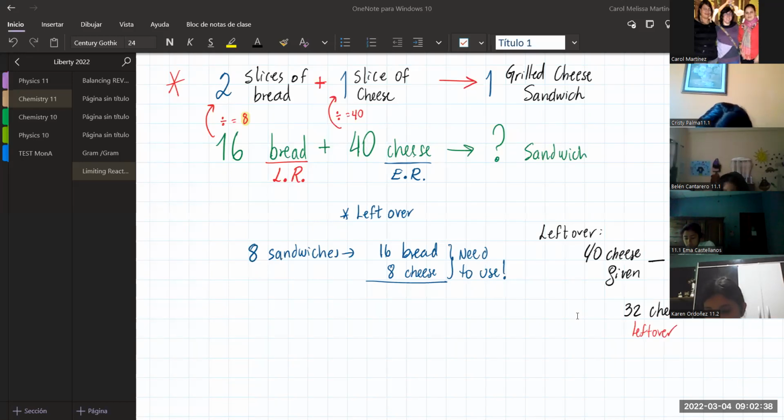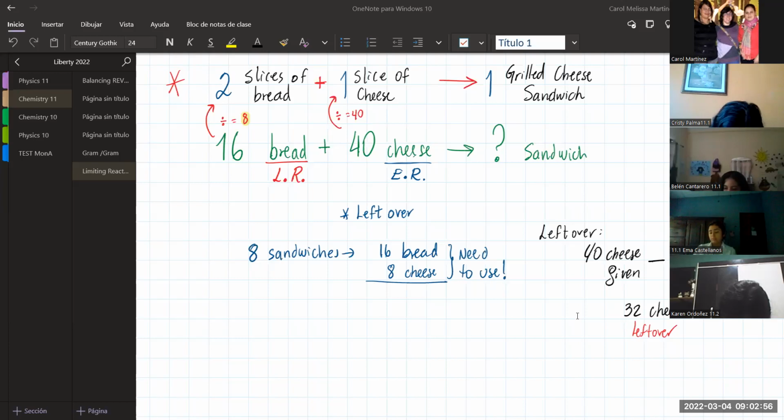So more or less, this analysis that we did here is the one that we're going to be applying in a chemical reaction. But instead of bread, you're going to have hydrochloric acid. Instead of cheese, you're going to have water, for example.